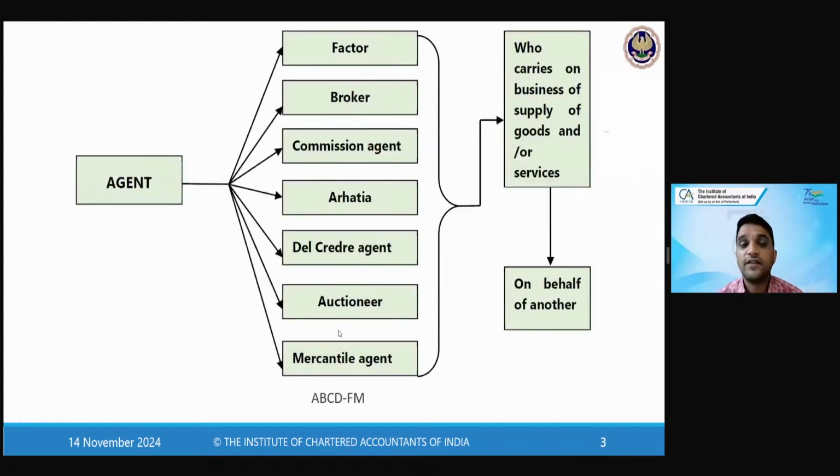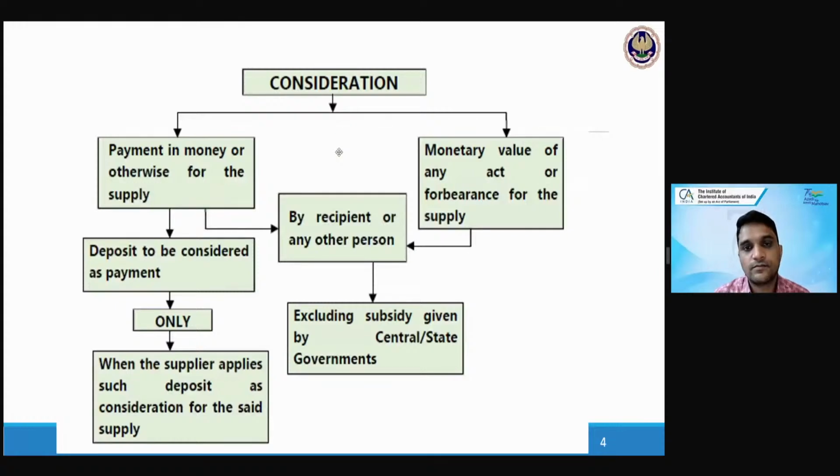Now, some definitions are relevant before we get into the valuation rules. What is the definition of an agent? Agent means a factor, a agent. No, no, Pallavi.